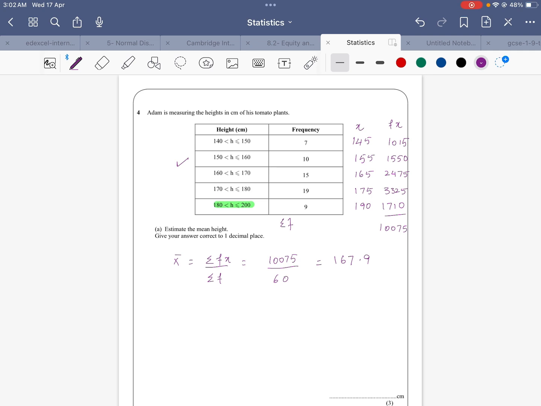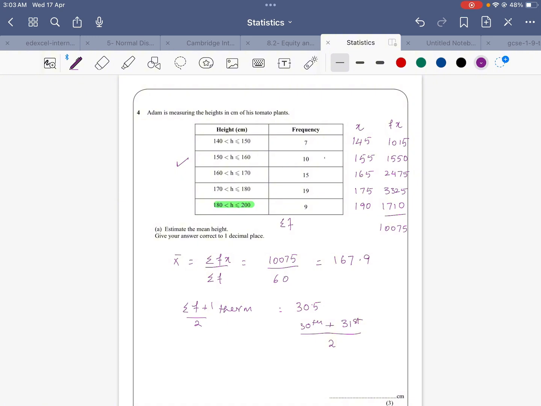How do you calculate the median? Median is the same, right? Sigma f plus 1 upon 2th term, which means 61 upon 2 is equal to 30.5. 30.5 means the 30th and 31st term divided by 2.